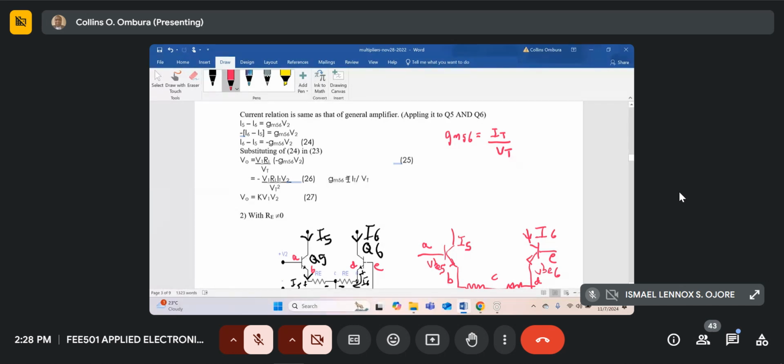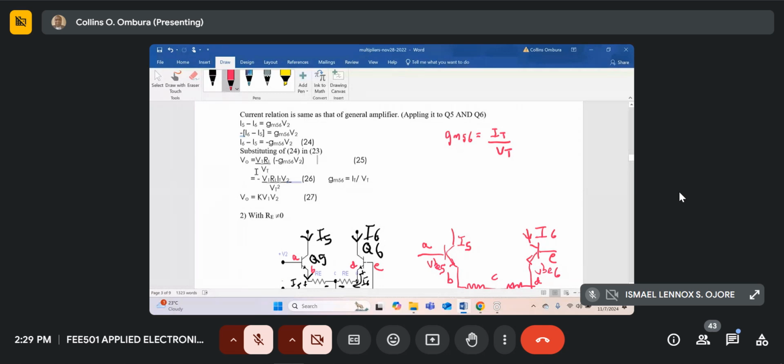So if I substitute for GM56 as IT by VT in equation 25, then I'll get this equation over here.